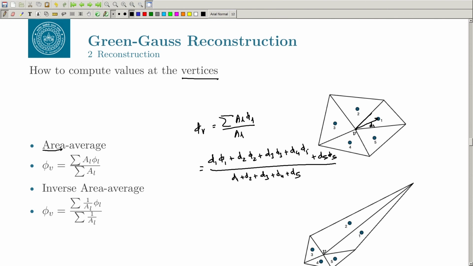Why I am calling it area is because in 3D it will not be a distance, but it will be an area. But sometimes you can have elements like the one shown here, and if you are just taking an area average, which in this case is distance, you are basically giving more weightage to the values which are farther from the node. If you use the same formula here, D1 is very big, D1 is very far from the vertex.